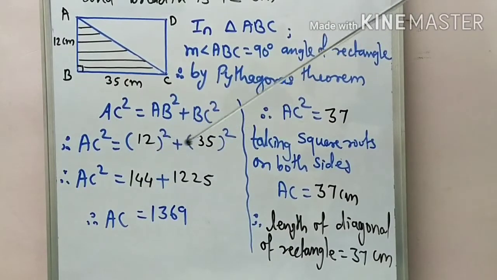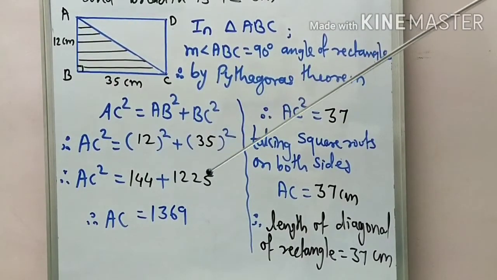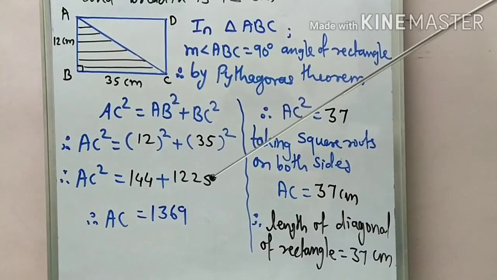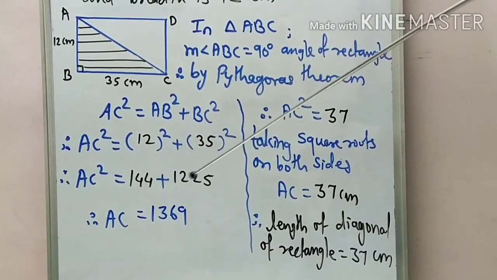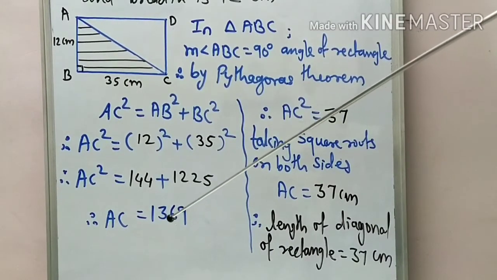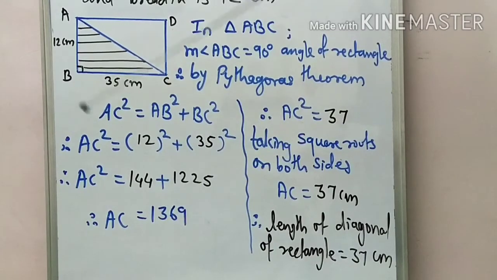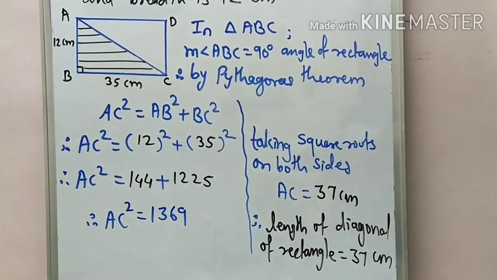As we do the squares, square of 12 is 144 plus square of 35 is 1225. Now we do this sum, that sum is 1369. But that value is what? Not AC, it's AC square.